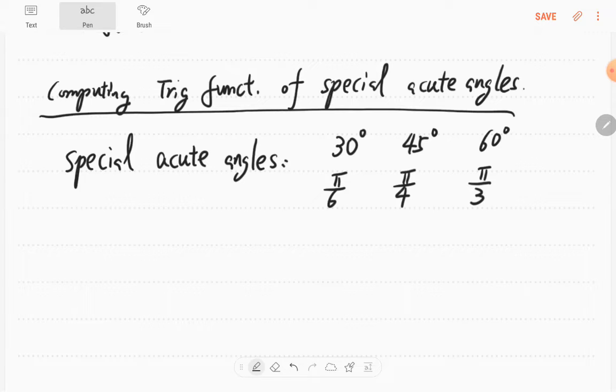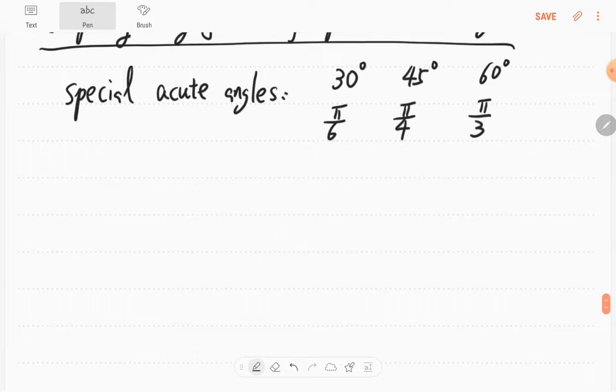So now the first thing, let's look at the 45 degree, which is pi over 4.